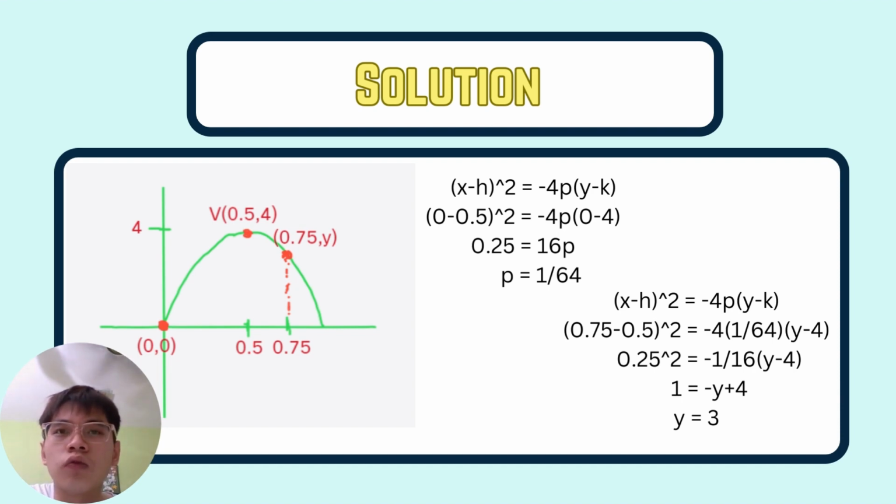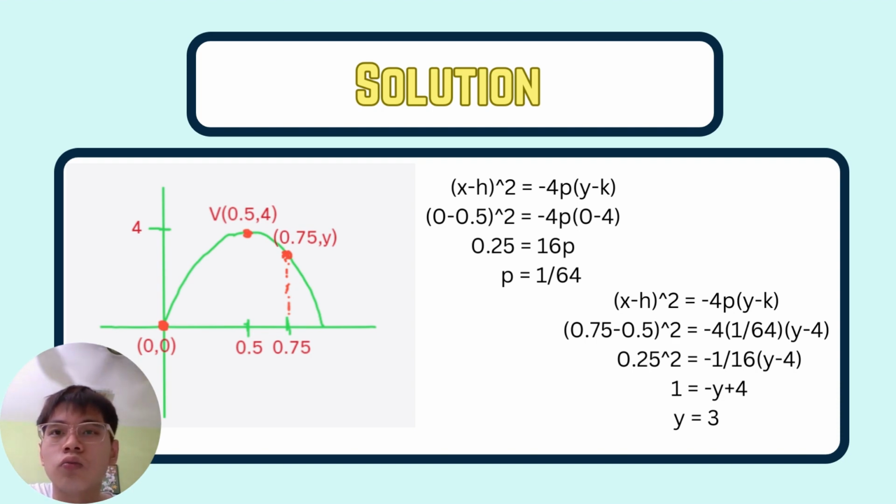In order to find the unknown y, we need to find the value of p first. We already know the vertex is (0.5, 4), so we sub in h equal to 0.5 and k equal to 4. For x and y, we can sub in any point on the parabola.